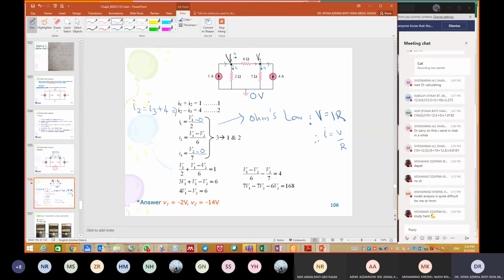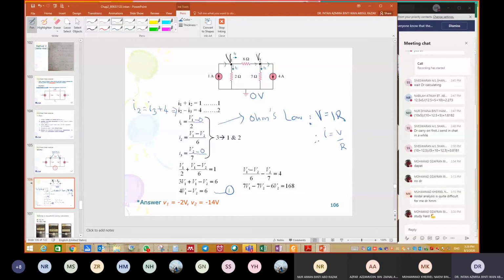And then substitute all the I in the second equation. I2 equal to V1 minus V2 divided with 6, minus I3. I3 is equal to V2 divided with 7, equal to 4.